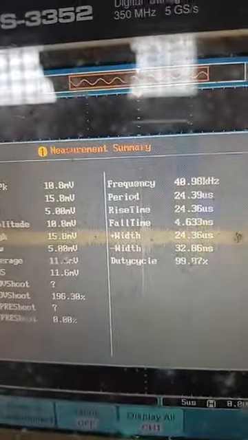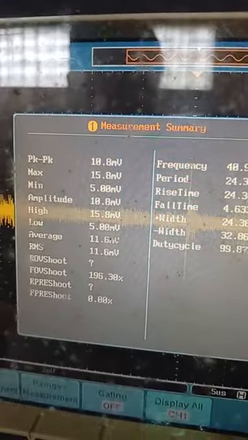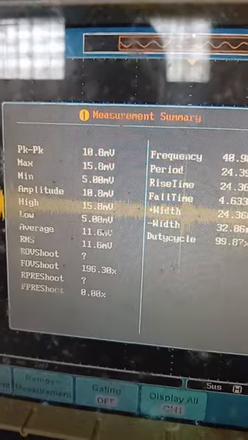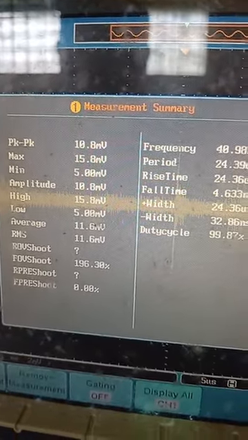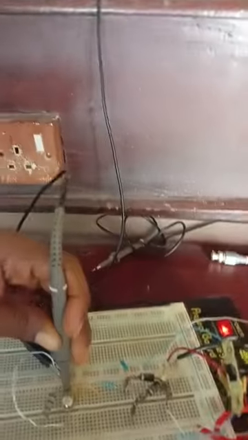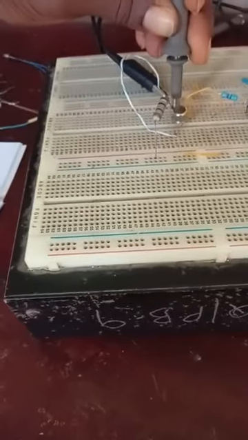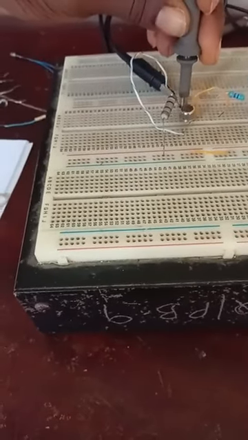The maximum is 15.8 millivolts. That's 0.0158 volts, so that's 15.8 millivolts. That's what we have. So let's now go to the next one.